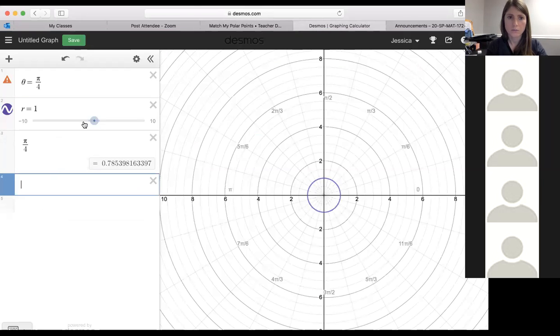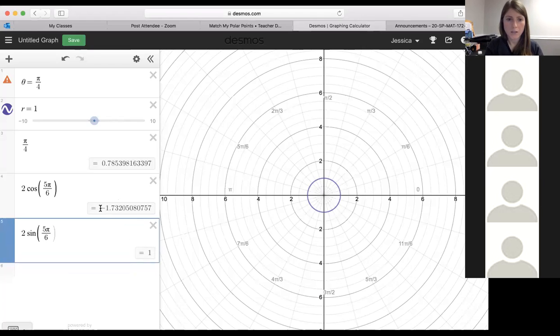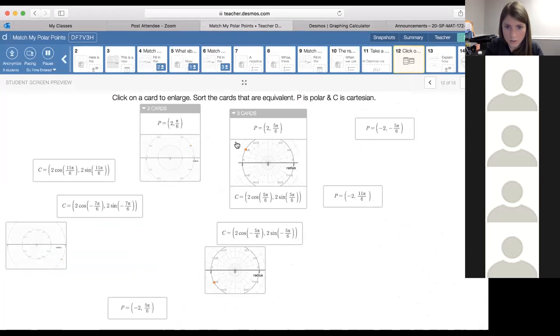We could also ask Desmos to remind me of that. So in other words, it's telling us our x is negative 1.7 approximately, and y is 1 in our Cartesian plane. So take a look at this one.